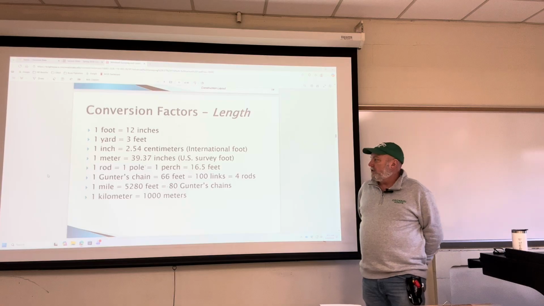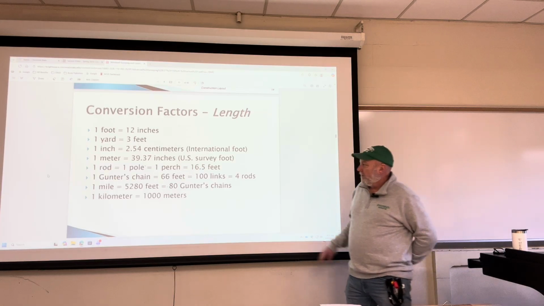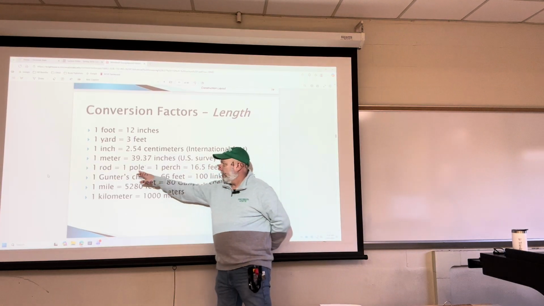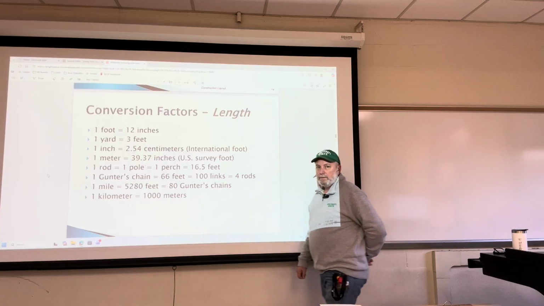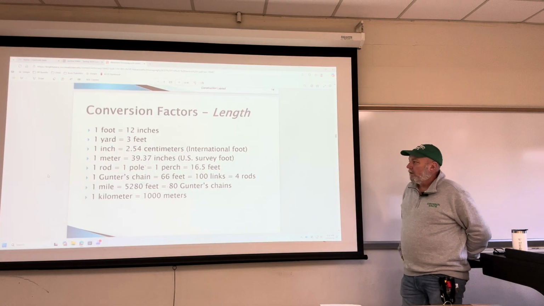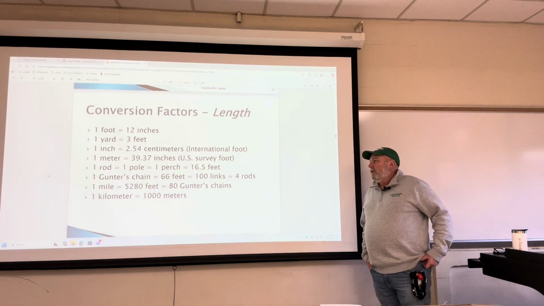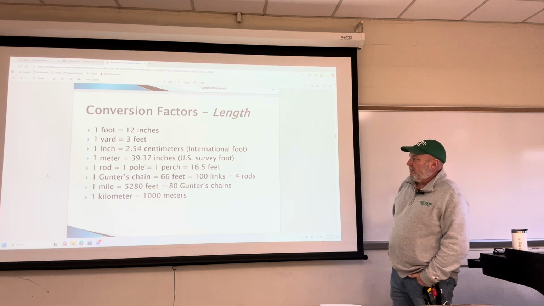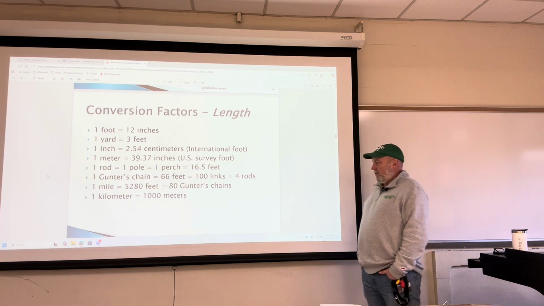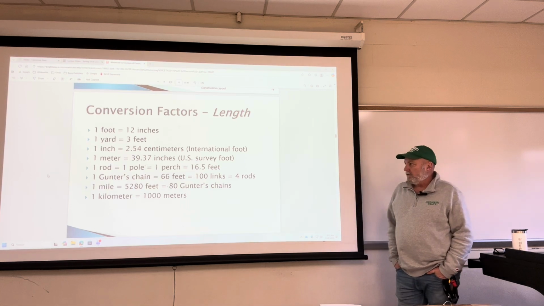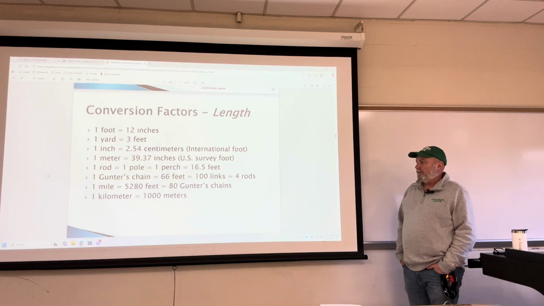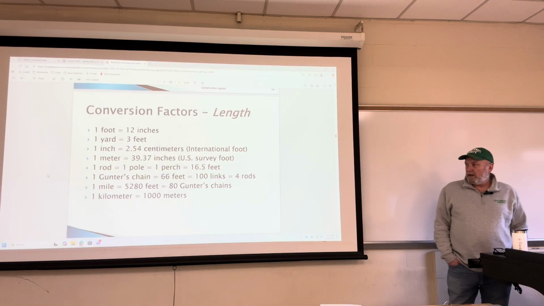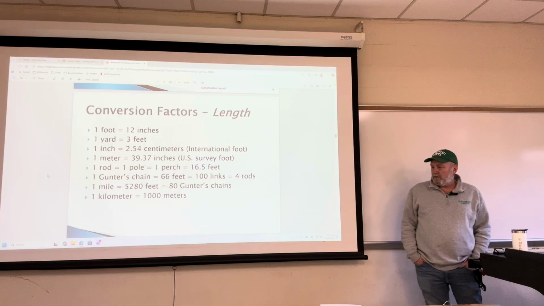But when you divide the chain into 4, that's where the 16.5 feet of the rod comes from. One mile is 5,280 feet, also equal to 80 Gunter's chains. And 1 kilometer is 1,000 meters.